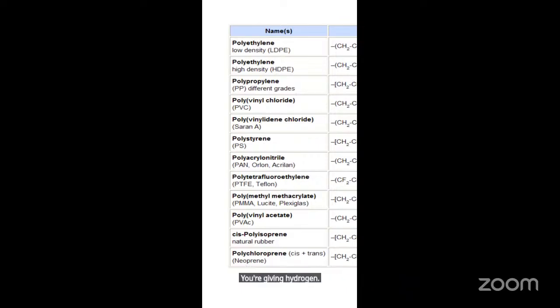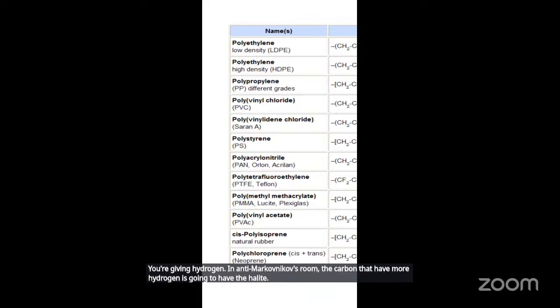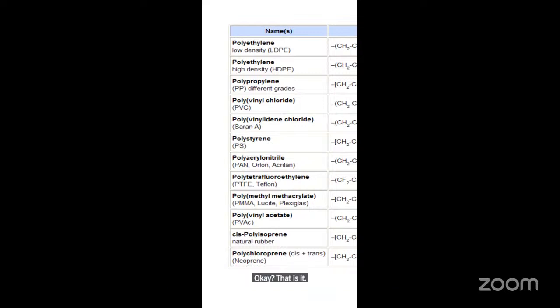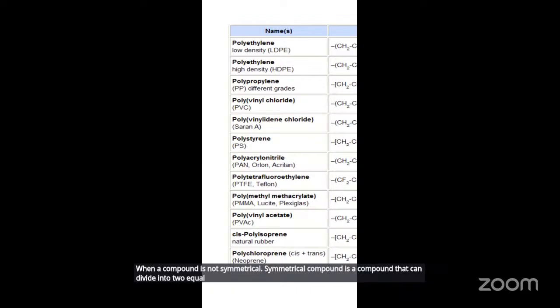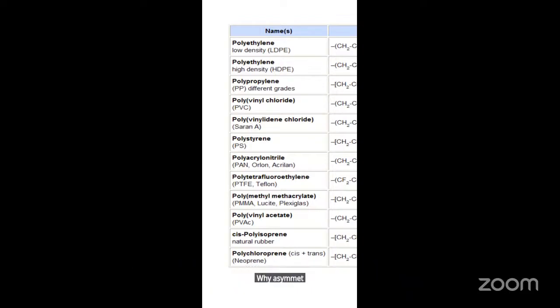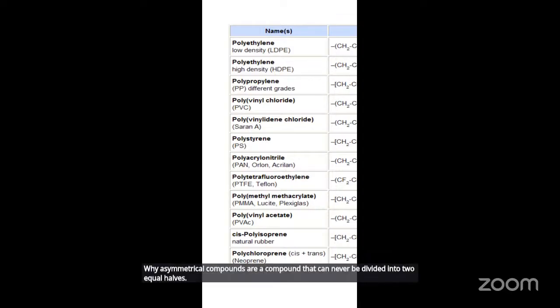In anti-Markovnikov's rule, the carbon that has more hydrogen is going to receive the halide. That is it. Then Markovnikov's rule and anti-Markovnikov's rule can only apply when a compound is not symmetrical. A symmetrical compound is a compound that can be divided into two equal halves, while an asymmetrical compound can never be divided into two equal halves. Okay, you understand now.